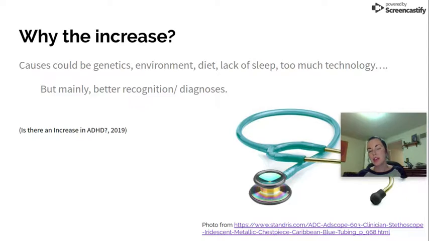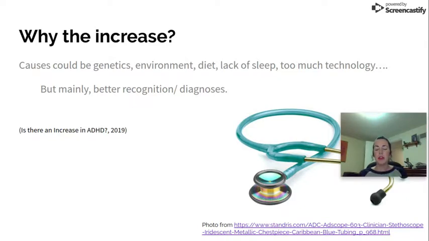But mainly doctors think that it is really just because the disorder has better recognition and people aren't as nervous to get diagnosed. There's not so much of a stigma surrounding mental health as there used to be.